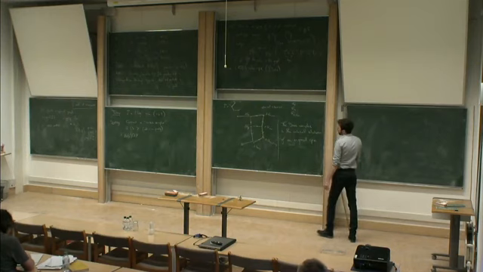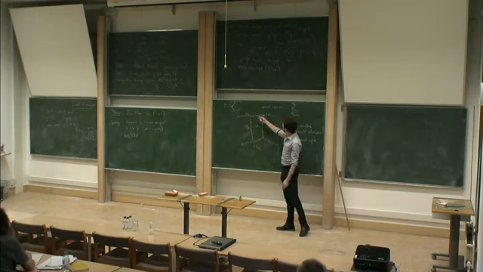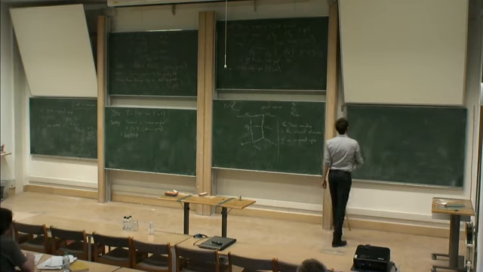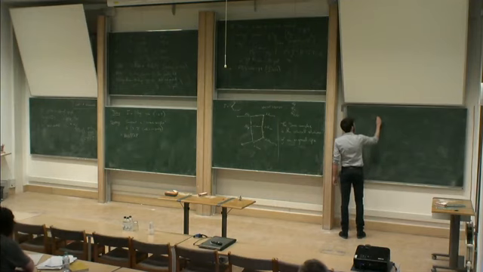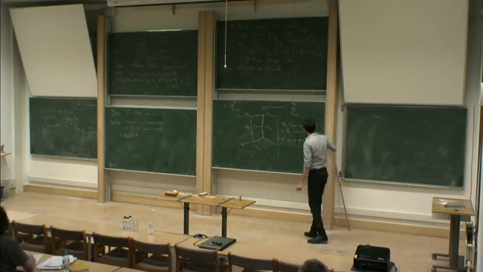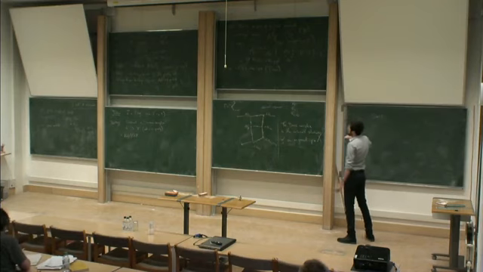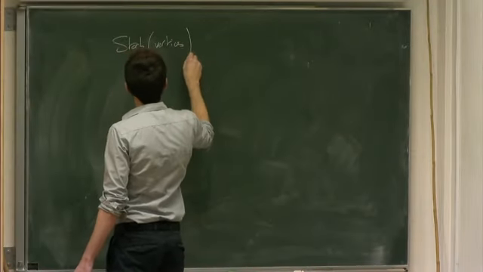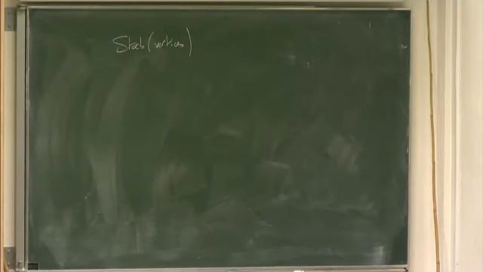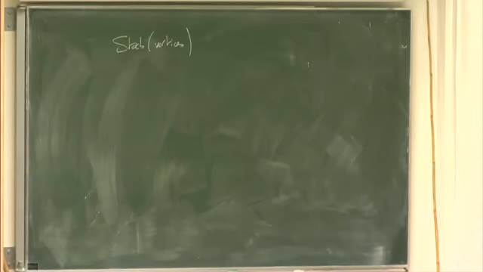The stabilizers for the action are very easy to describe because of the nature of the vertices and edges. Let me call this complex X. For the rest of the talk, I'm not going to look at this complex as a CAT(0) cube complex, or in that case a CAT(0) square complex, but as a polygonal complex. So I'm forgetting the cubical structure, and I'm just remembering the polygonal structure.